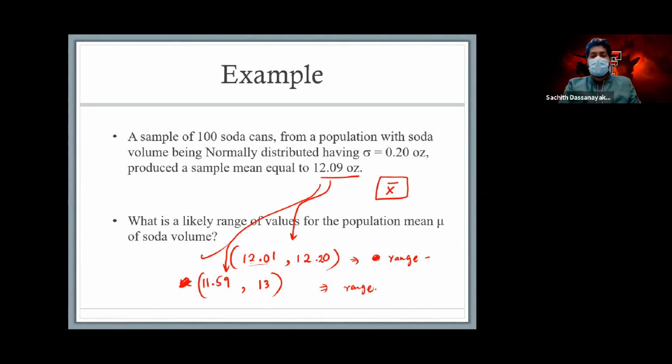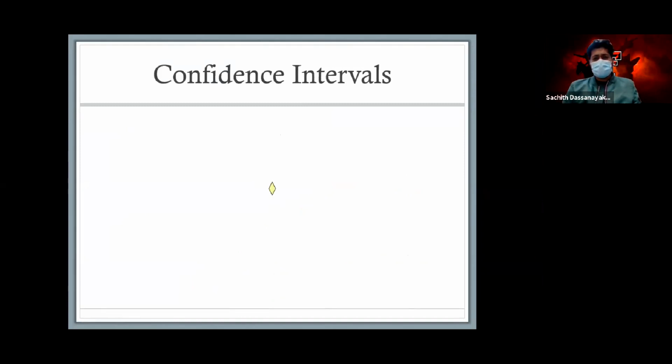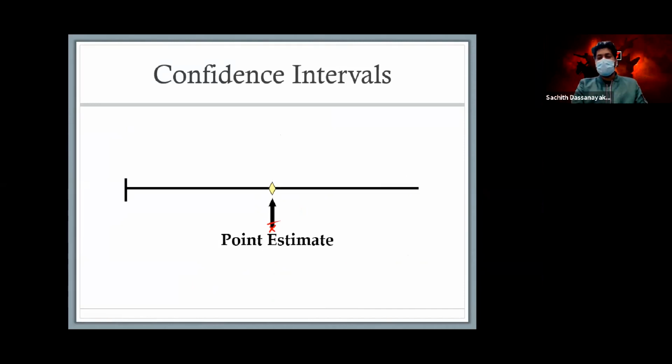Okay, confidence interval. This is your point estimator. Let's say this is your x bar, the point estimator. Then you can pick two values, the lower confidence limit and the upper confidence limit.